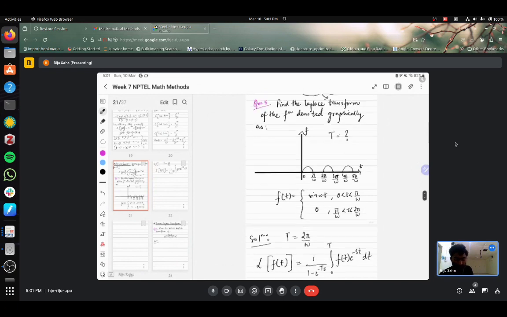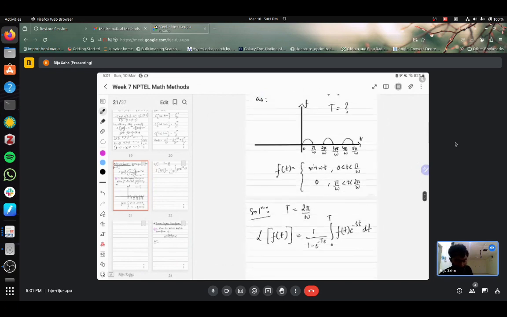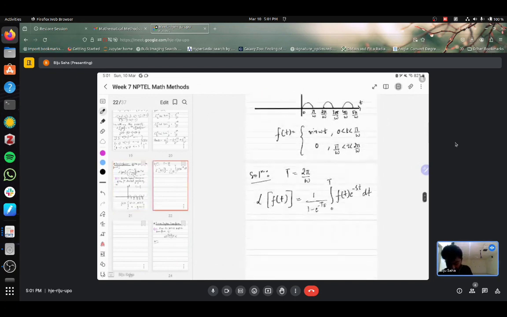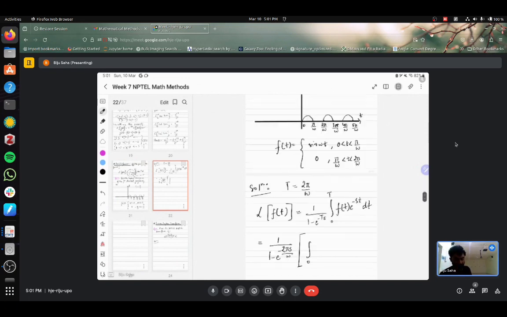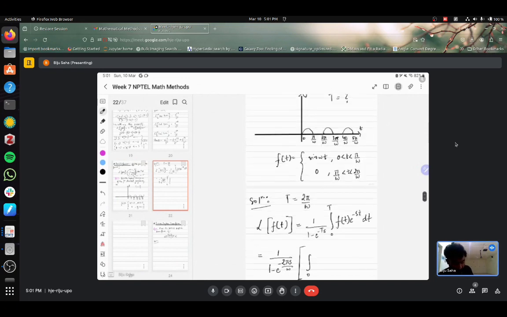Yes, 2 pi by omega is the period. So let me substitute capital T everywhere, and also split the integration over this entire period 2 pi by omega.